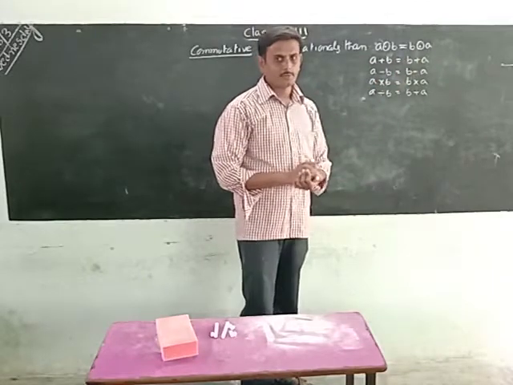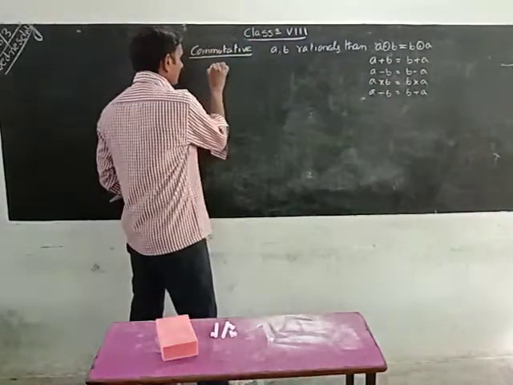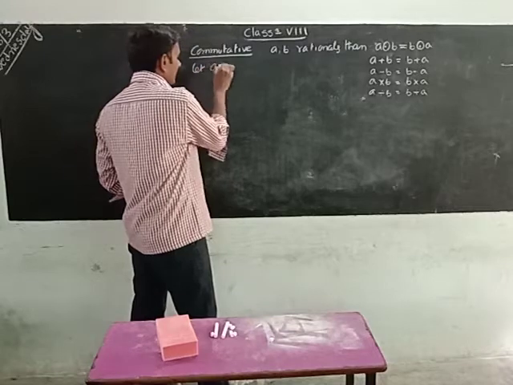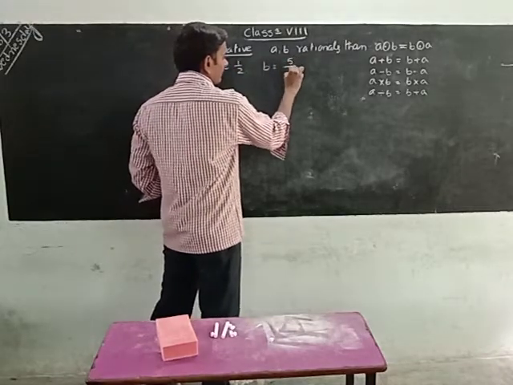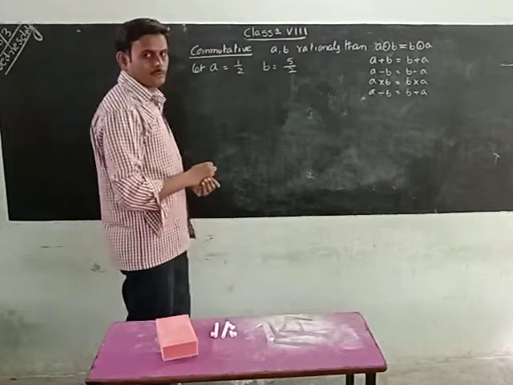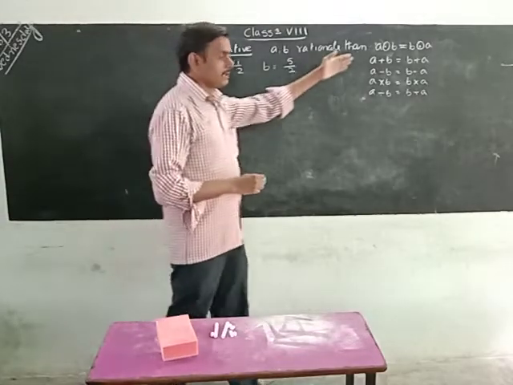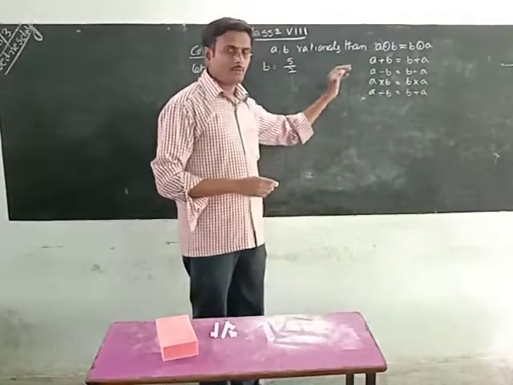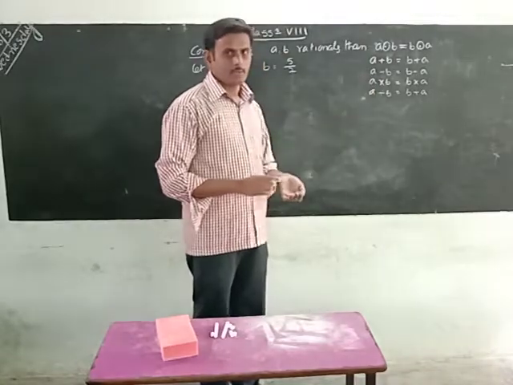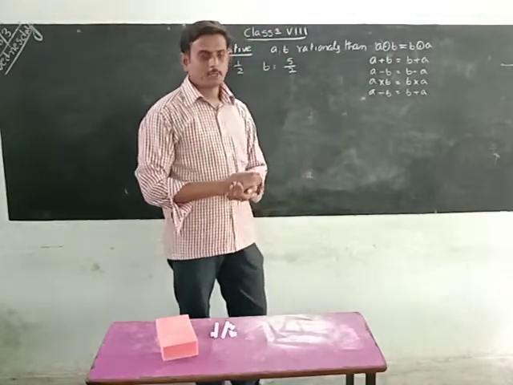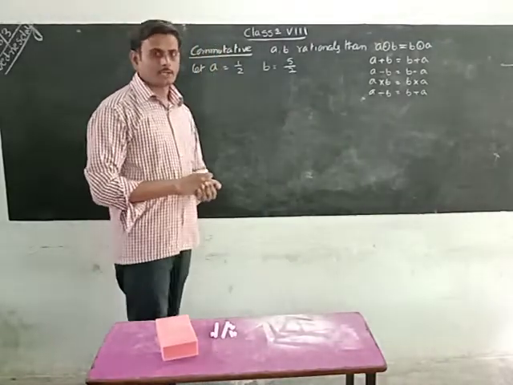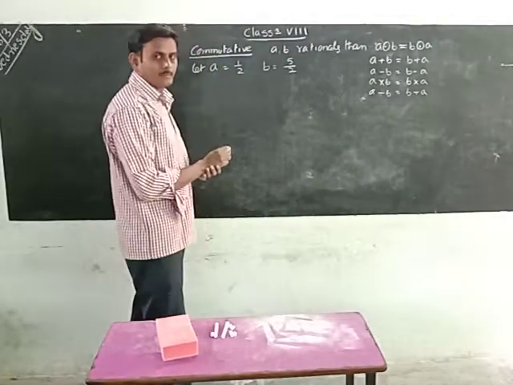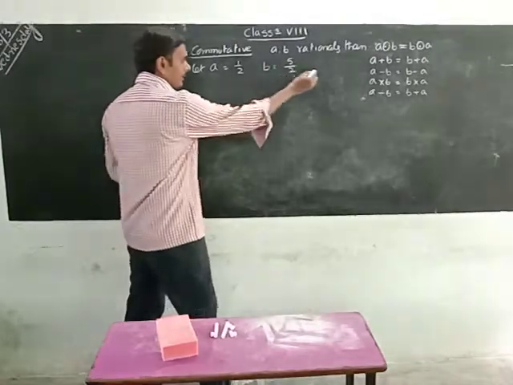Example: let a equal to 1 by 2, b equal to 5 by 2. I want to take the addition operator. Similarly we will follow the remaining ones also. Whenever we get equal solutions, the commutative property is followed by the rational numbers. Now I want to check this one.